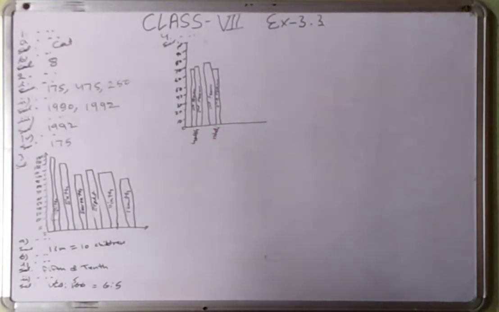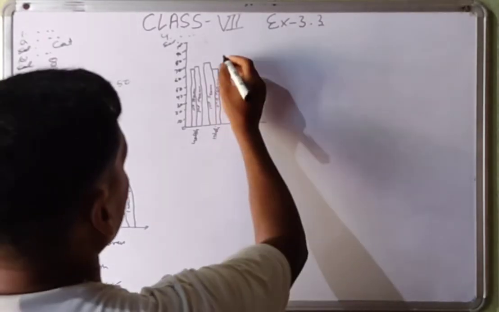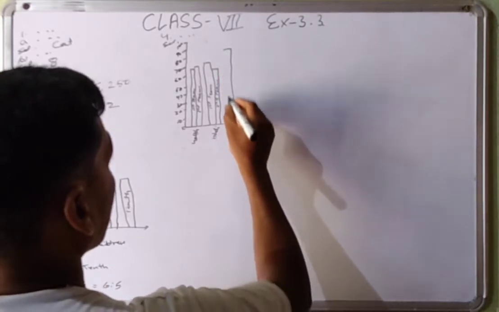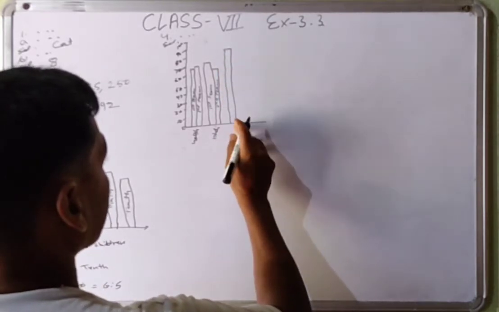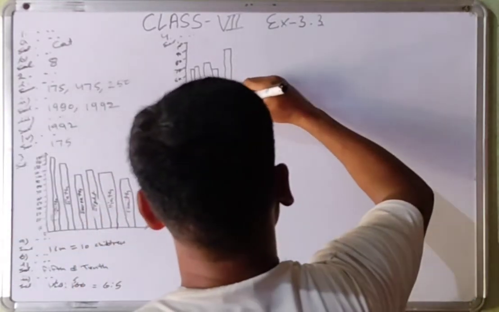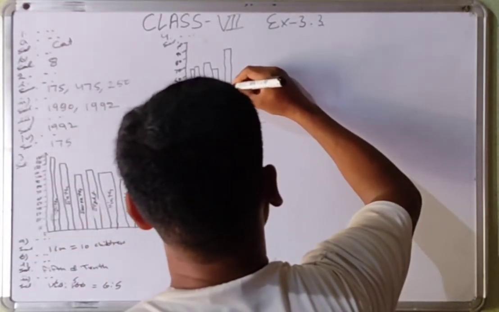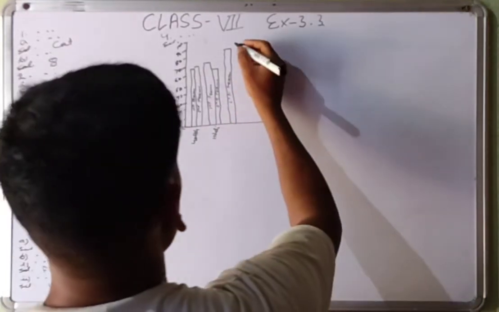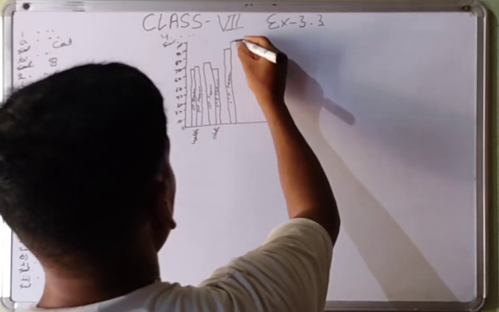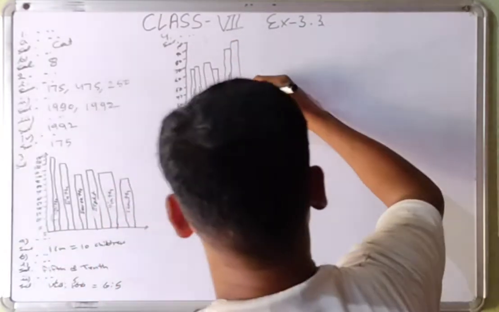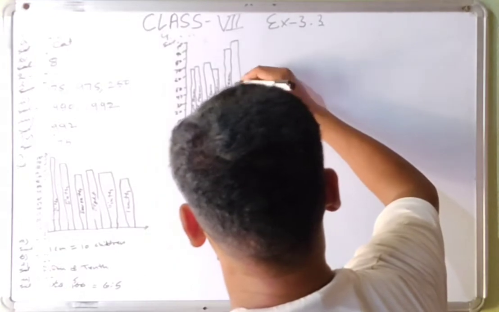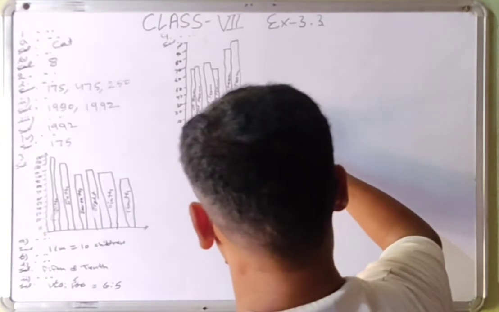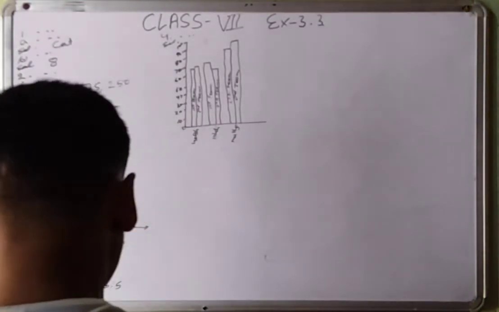And then after that maths 88, up to here approximately, and you will leave one box again. That is first team, and then the second team is 95. So 95 goes approximately here, second team, and then this is the maths.